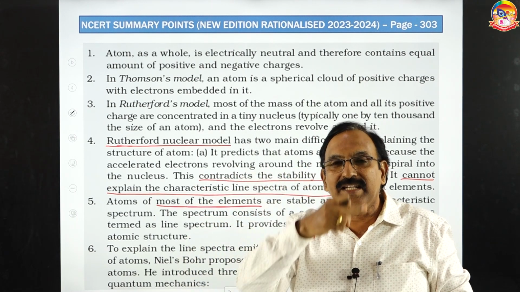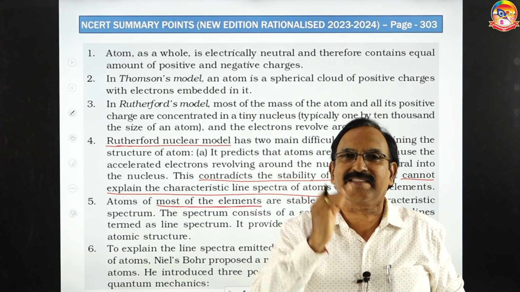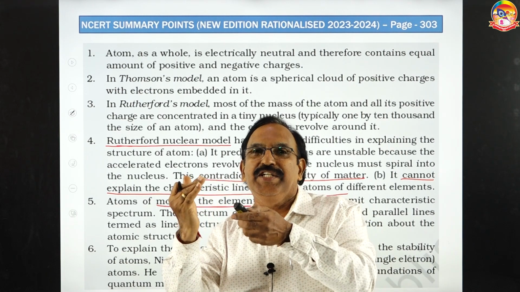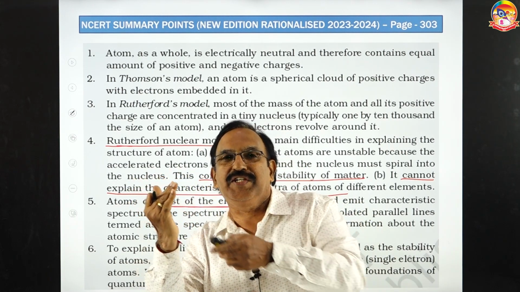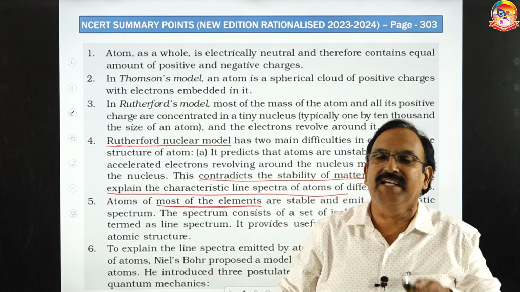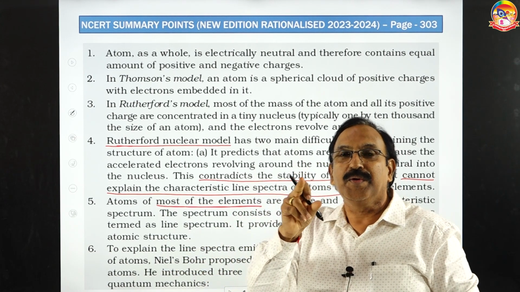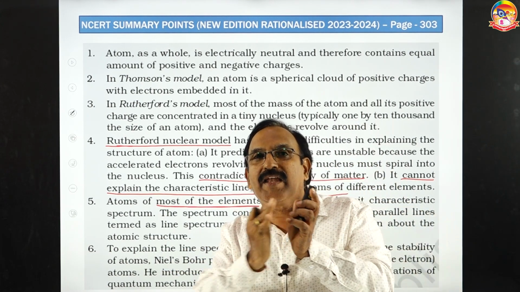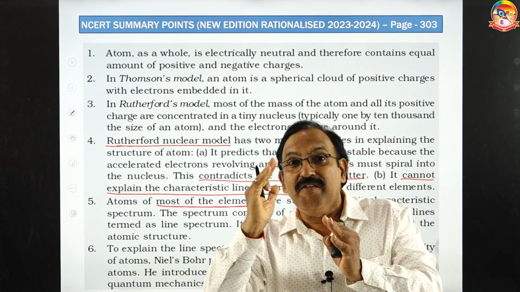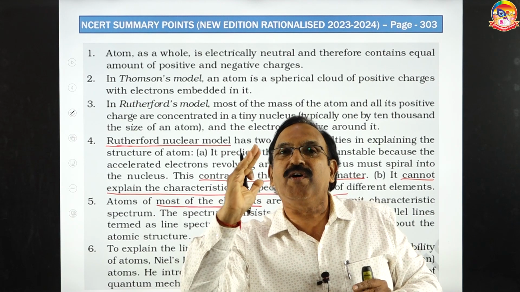Every electron in circular motion will experience some centripetal force, so they are under acceleration. Every accelerating charged particle will radiate energy, and since they radiate energy, they will be losing energy and finally should collapse into the nucleus. That's what Rutherford was saying. According to this Rutherford model, the atom cannot be stable, because when is the atom stable? The atom is stable only when the electrons remain in their stationary or stable orbits.